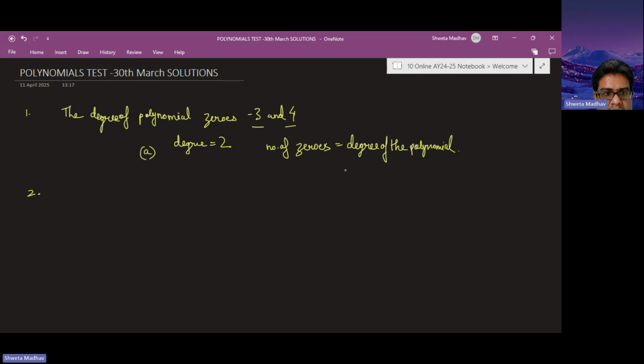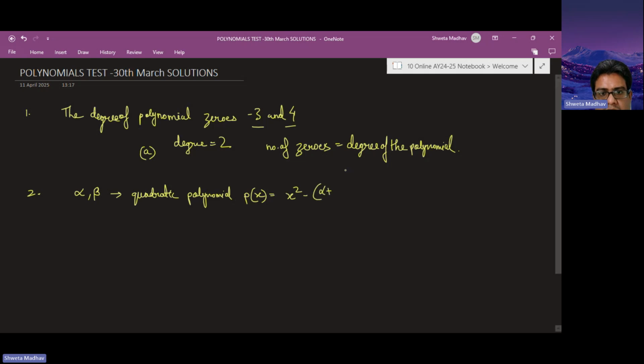So as we know, if the zeros of any quadratic polynomial are alpha and beta, then that quadratic polynomial p of x can be written as x square minus (alpha plus beta) into x plus alpha beta.